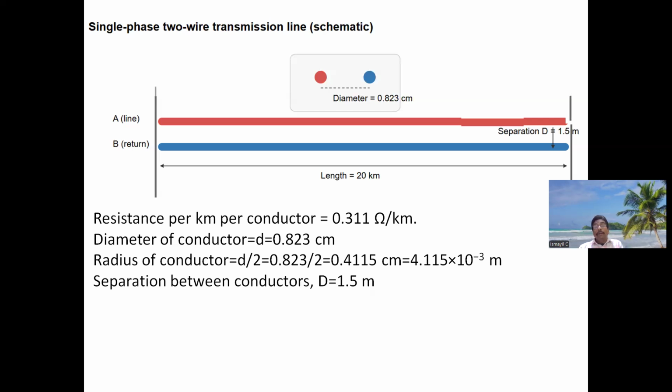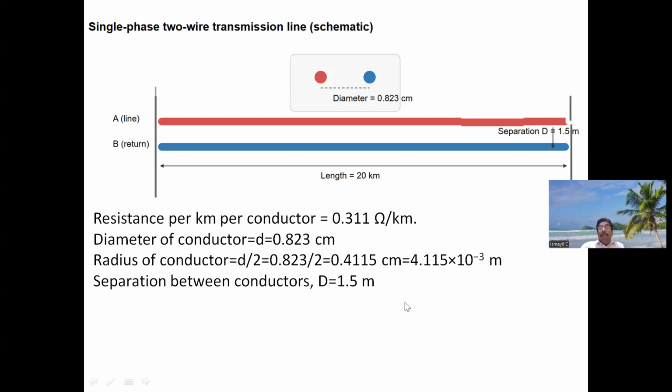So what are the given parameters? Resistance per kilometer per conductor is given as 0.311. The diameter of the conductor is given, D is equal to 0.823 centimeter. From the diameter, we can calculate the radius of the conductor, D by 2, which is equal to 0.823 by 2, equal to 0.4115 centimeter.